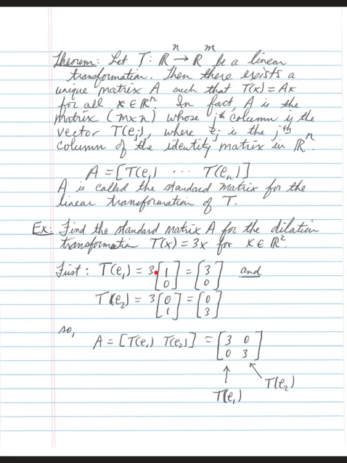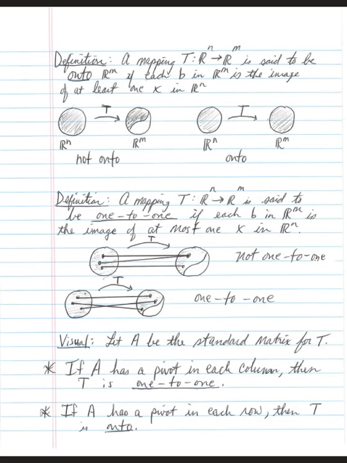E1, E2. If you triple them both, then you get 3, 0, and 0, 3. Put those columns in order: transformation of E1, and then transformation of E2.